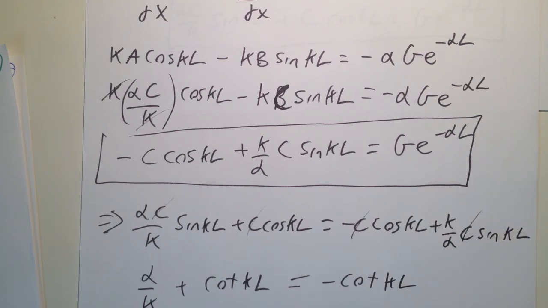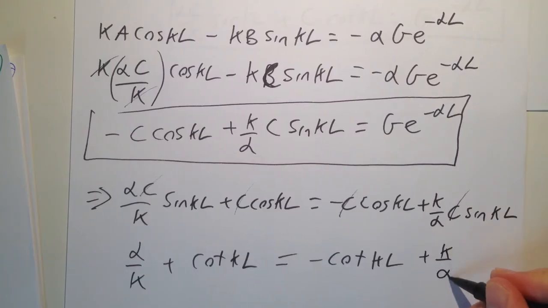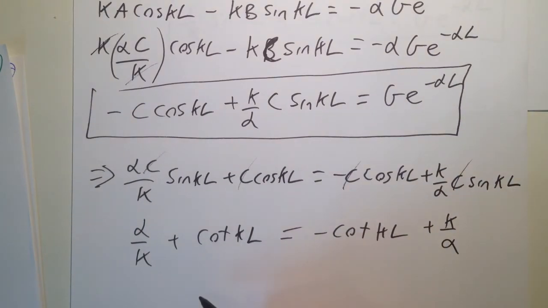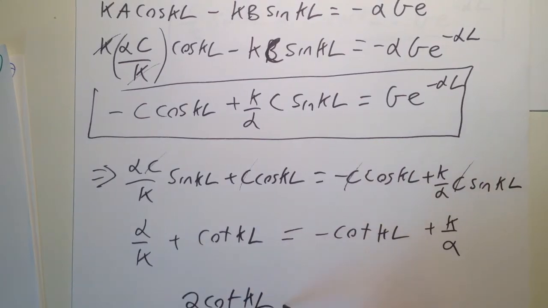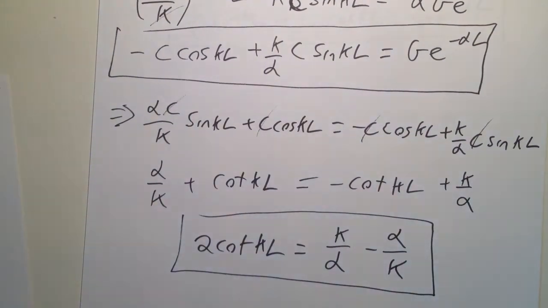And here I divide by sine and I get just plus k over alpha. And now let's simplify a little bit more. I end up with 2 cotangent of kL is equal to k over alpha minus alpha over k. Okay, so there's my solution. Not pretty, but we do have a solution here.